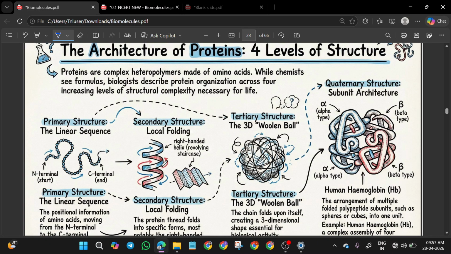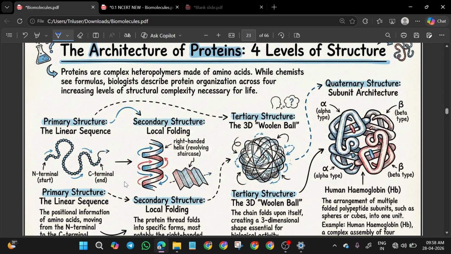So what is primary structure அப்படினு பார்த்தோம்னா, it is a linear sequence, like which is first amino acid, which is second amino acid, அந்த மாதிரி நாம linear-ஆ arrange பண்றதுக்கு பேர் தான் primary structure. So that is positional information of amino acids we are able to see. That is, எந்த amino acid வந்து மொத இருக்கு, எந்த amino acid வந்து next இருக்கு.